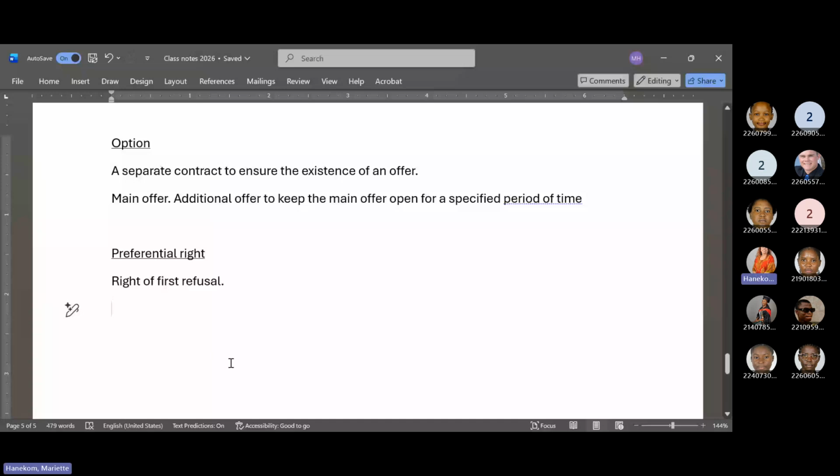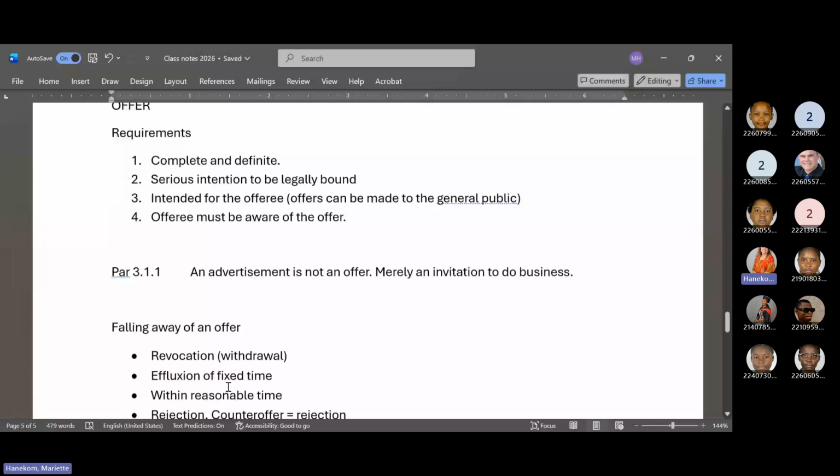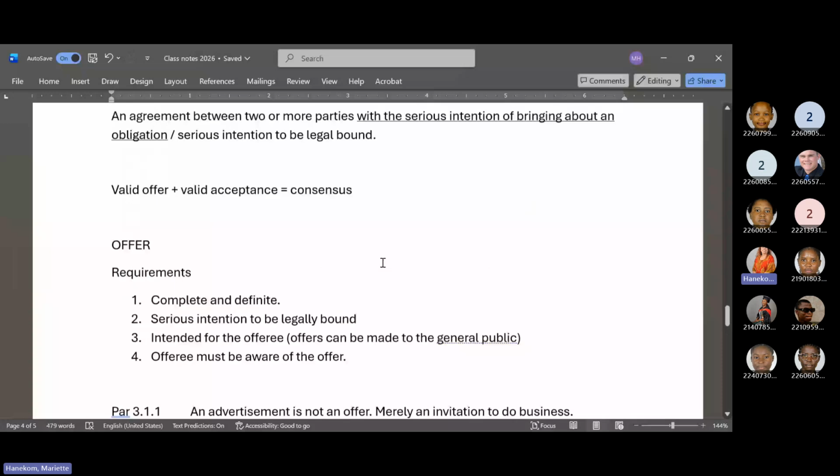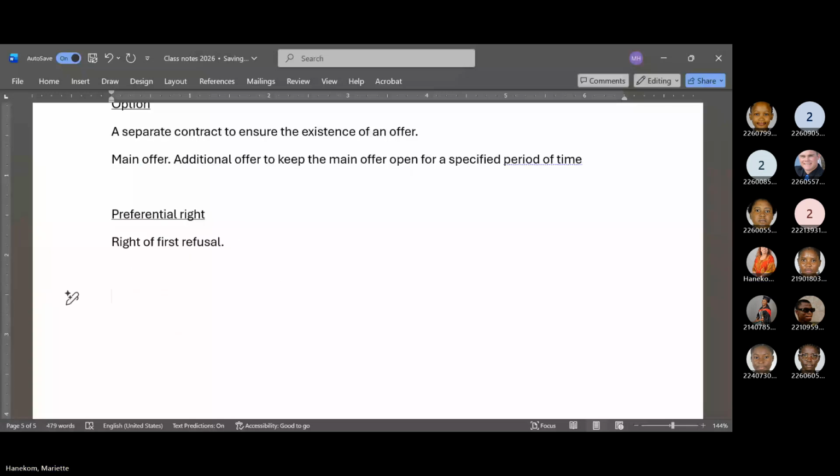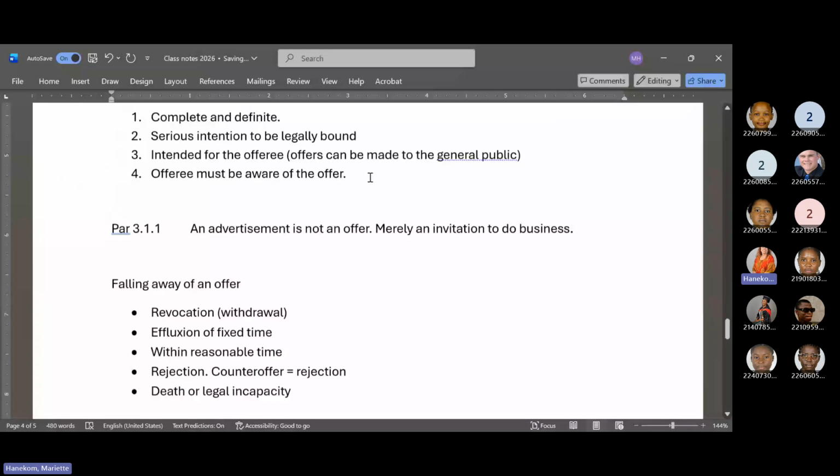So we've looked at offer and we've seen what the requirements are for an offer. The elements of consensus are offer and acceptance. We need a valid offer plus a valid acceptance, which gives us consensus. What are the requirements then?